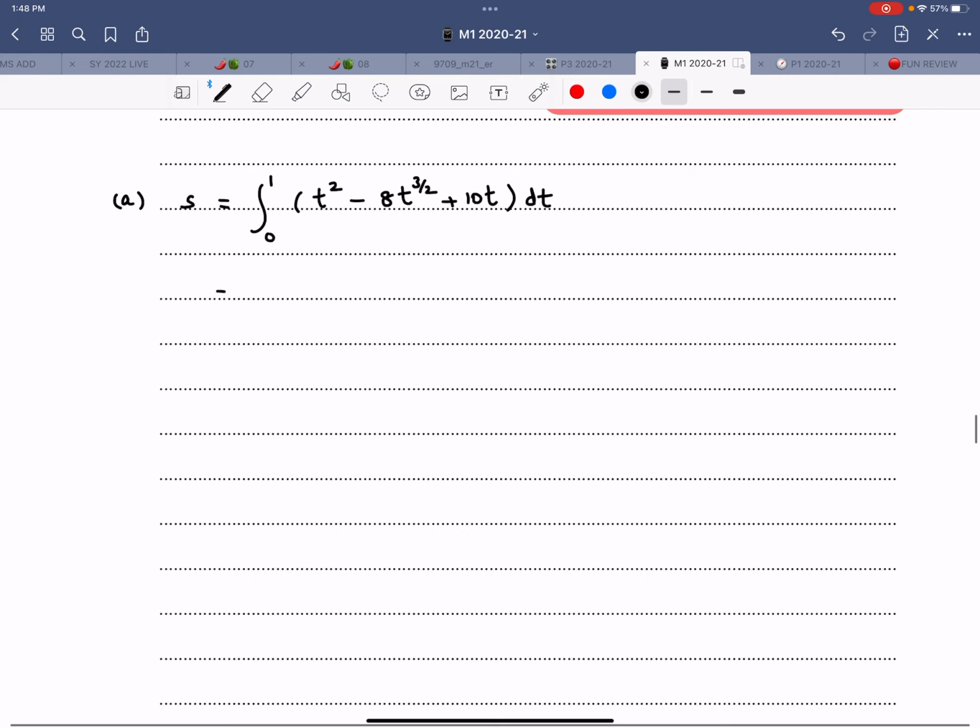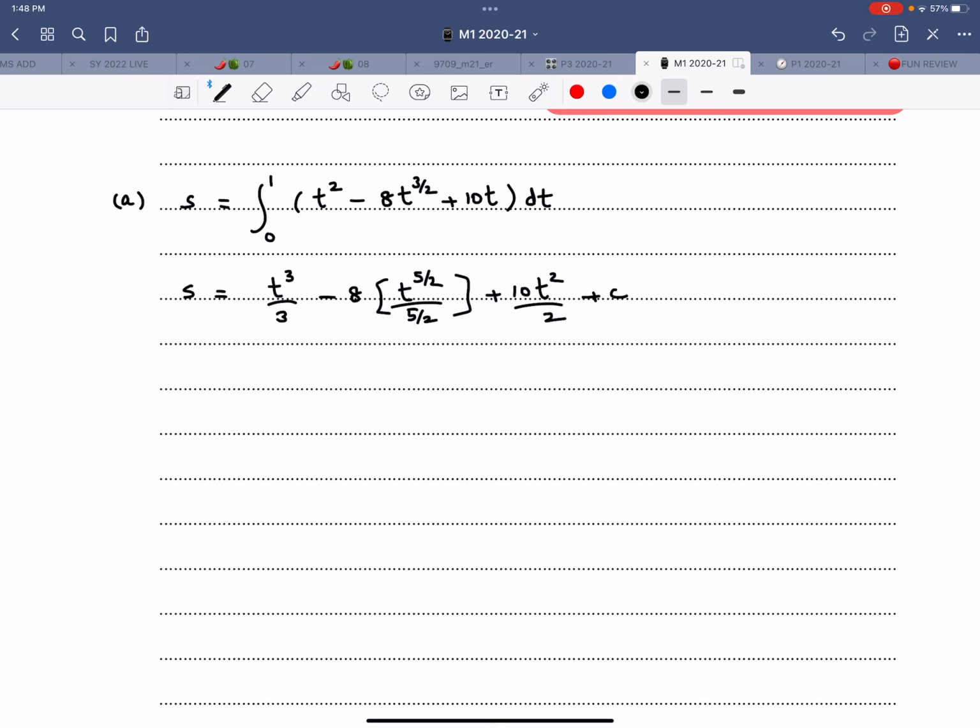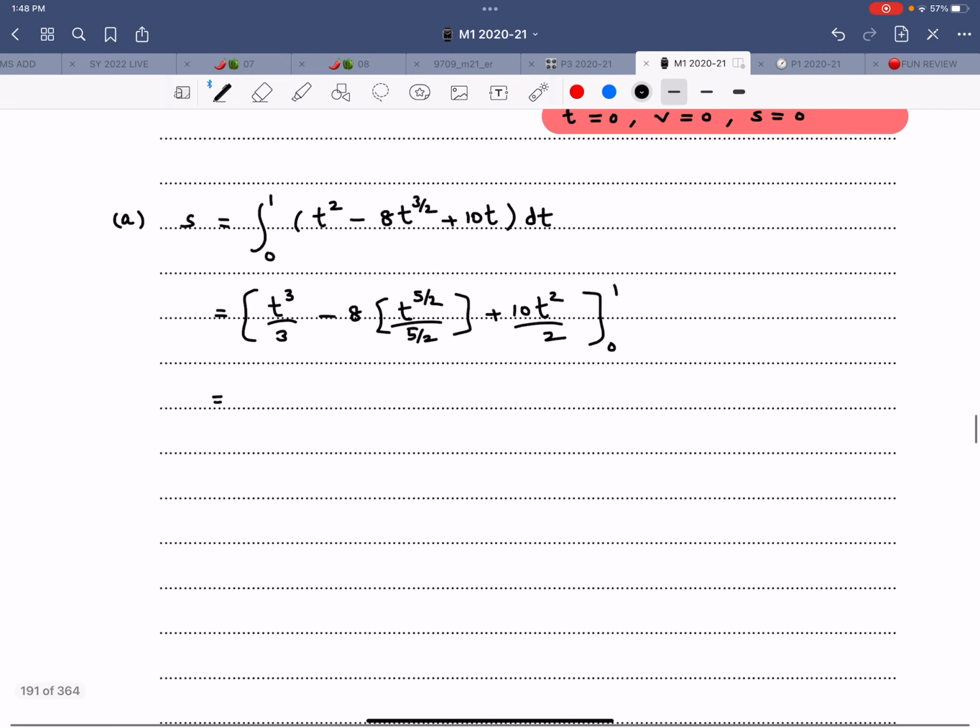Now when I integrate it, this is just like p1: t cube over 3, 8 as it is, t raised to power of 5 over 2 divided by 5 over 2, and 10t square divided by 2. Sorry, there won't be any constant of integration because we are plugging in the limits 0 and 1. We will evaluate this and we will get our answer.